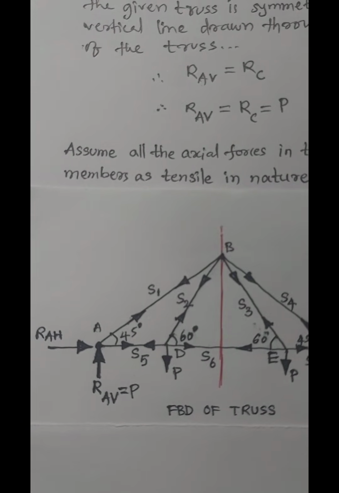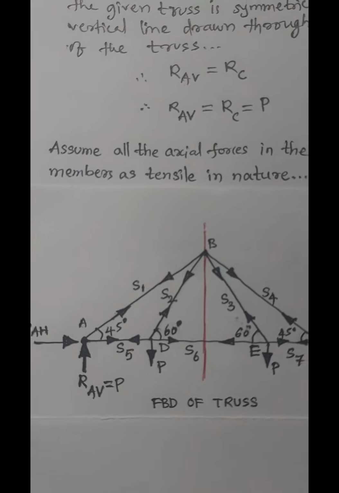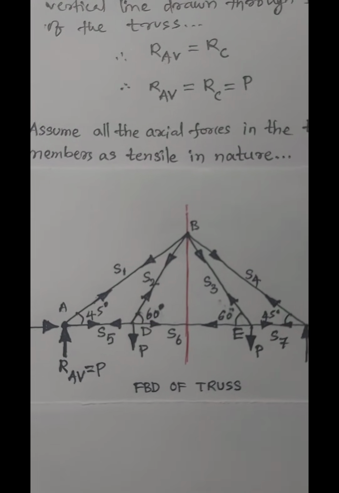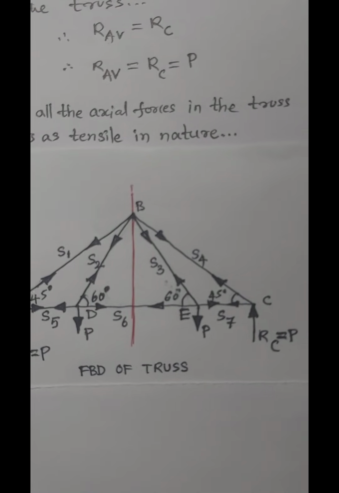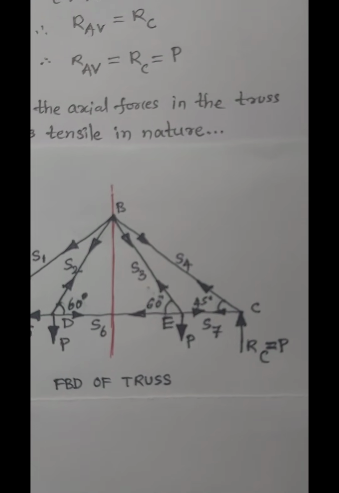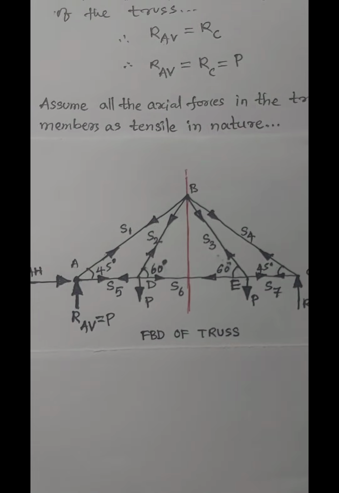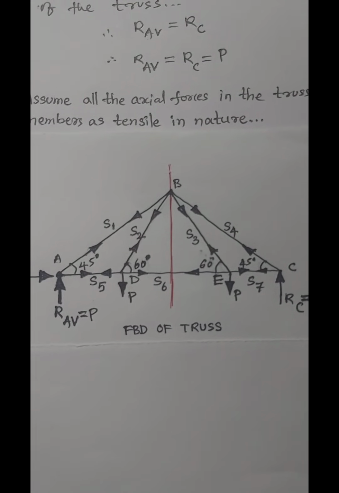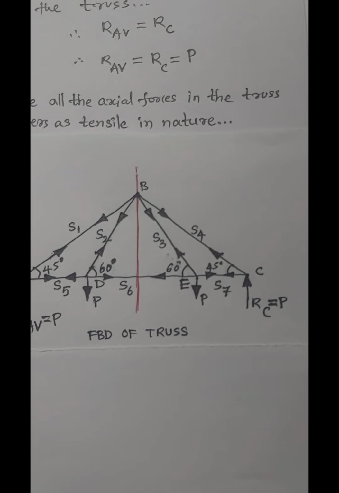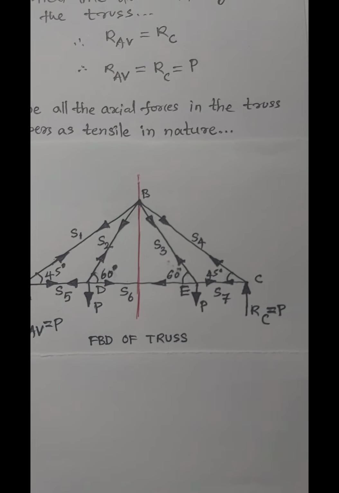Along AB bar, S1 magnitude of force is considered. Along AD bar, S2. Along BE bar, S3. Along BC bar, S4. Along AE, S5. Along DE, S6. Along EC, S7 considered.